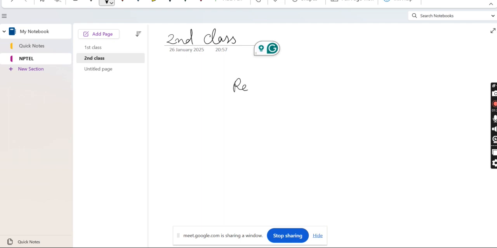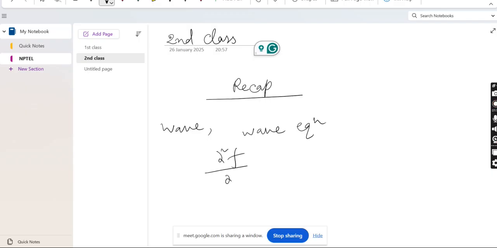So first, some recap. So we know what is a wave, and that is the equation.